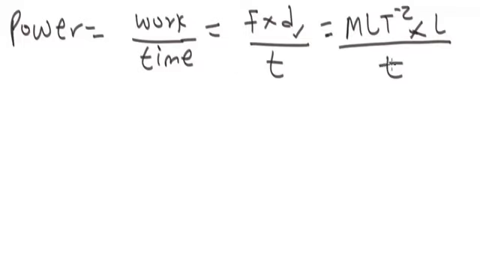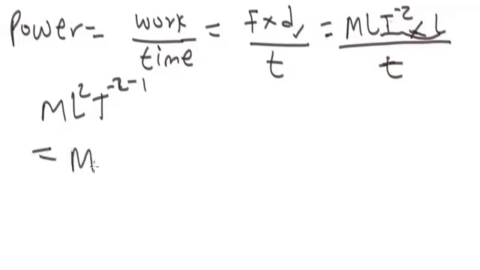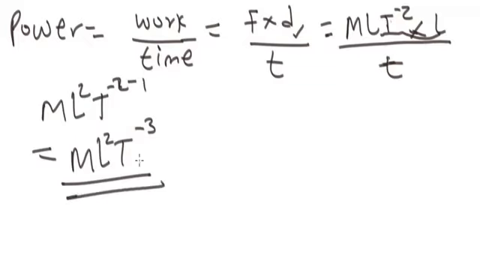When you simplify, we have mass times length square, then per time square, and then minus 1 on the time power, because the bases are the same and they are dividing each other, so you subtract the powers. So the dimension of power is mass times length square per time cube.